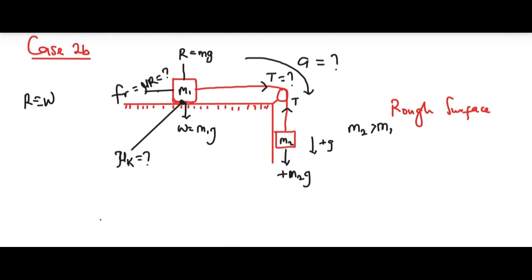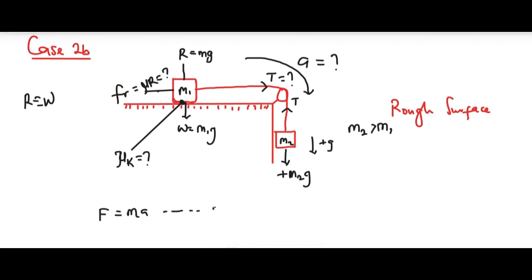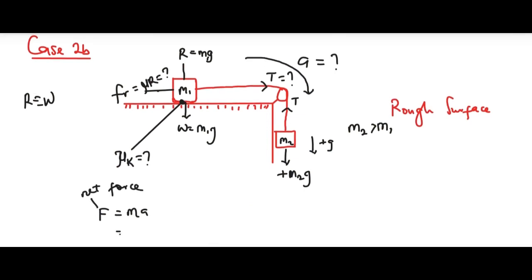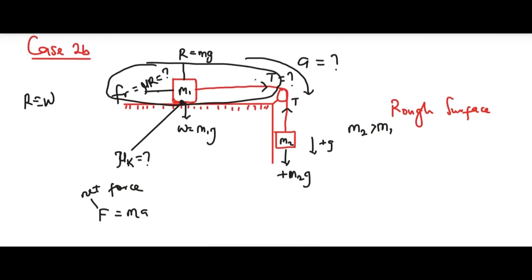So how are you going to deal with this? Still the second law of motion. So we have this done. This is your net force. Net force would be, for this scenario here, I'm going to have my tension. Will it be positive or negative? So this tension here will be negative. This tension here must be positive because both tensions cannot be positive.